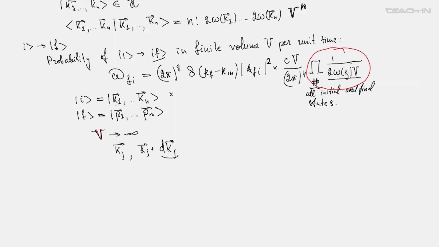So somehow we have to adjust this quantity, the transition probability per unit time, to the fact that we are interested in finding the final particles within the small interval between Kj and Kj plus dKj. Okay, so that's the next important point we have to implement in our formula.